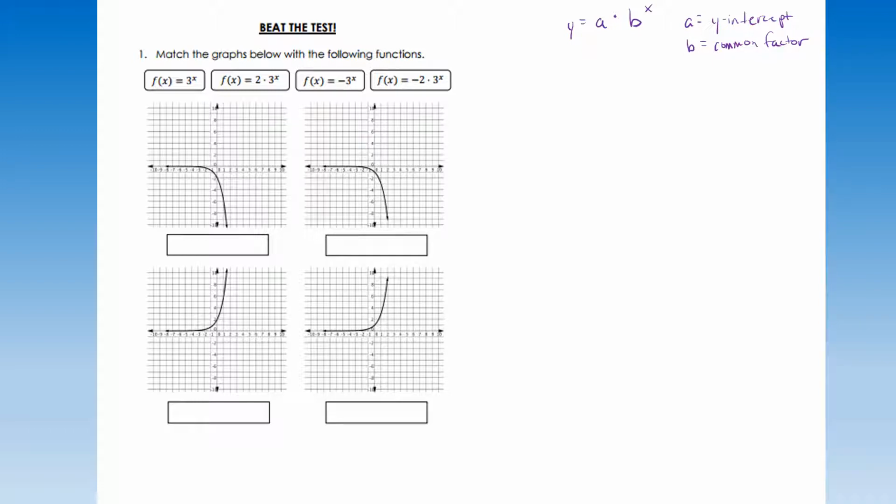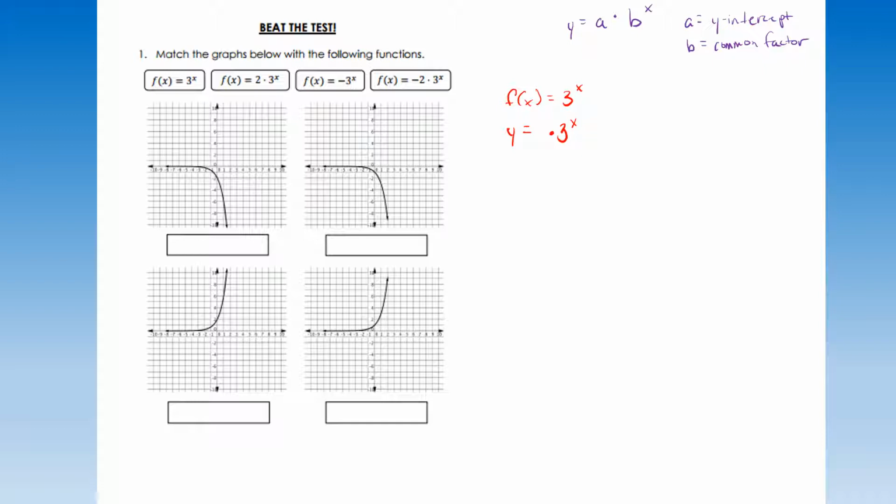So we're going to take each of these. We're going to start with f of x is equal to 3 to the x. So I want to write this so that it's in y equals a times b to the x. So I'm going to replace f of x with y. Okay, and 3 is to the power of x.